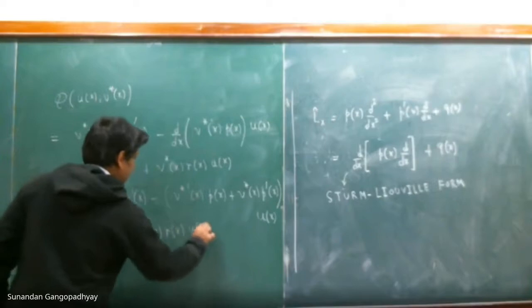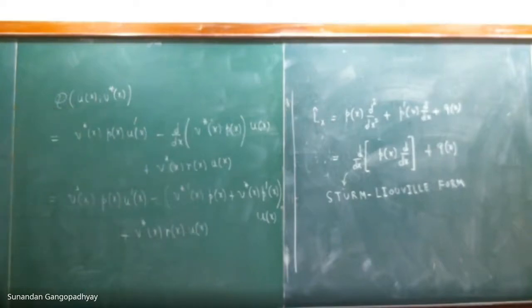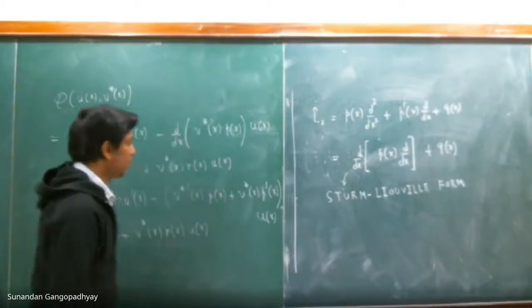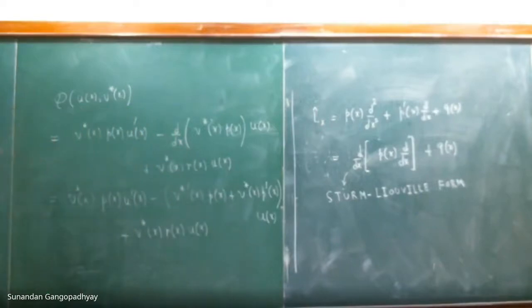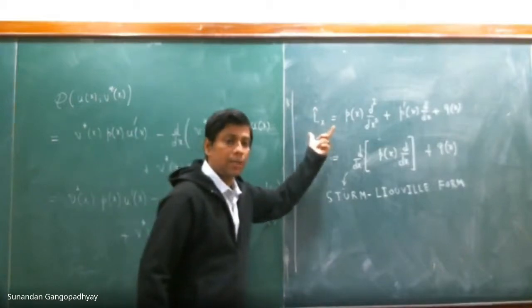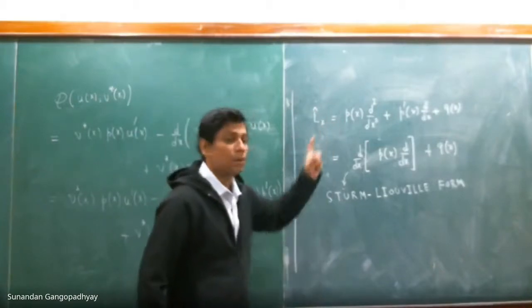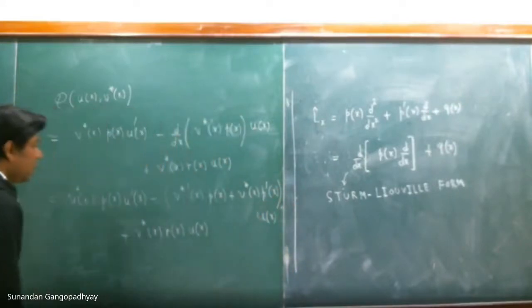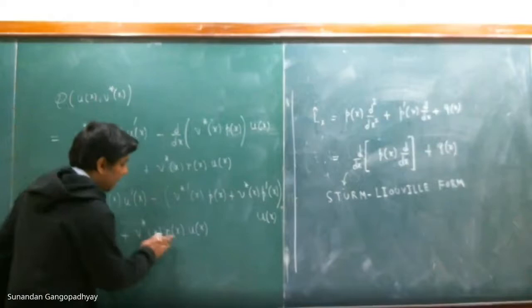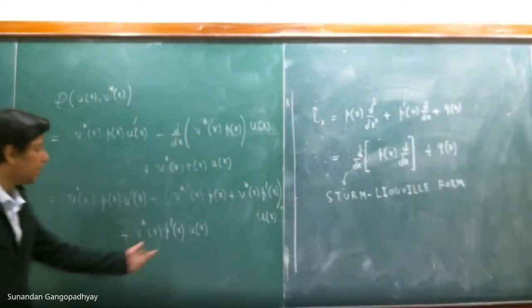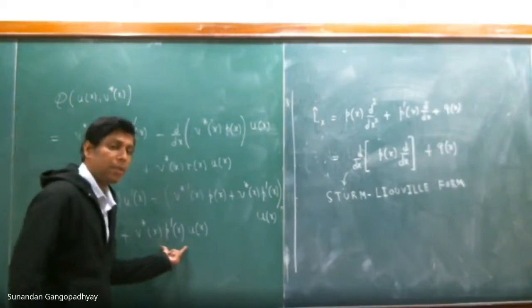Okay, so what we have done in this step is just differentiate this, so we get two terms from here. Now remember that this operator is a symmetric operator, and therefore the function R of x is equal to P prime of x. Okay, so let us substitute P prime in place of R of x. This is the condition that we get from the symmetry of the operator.